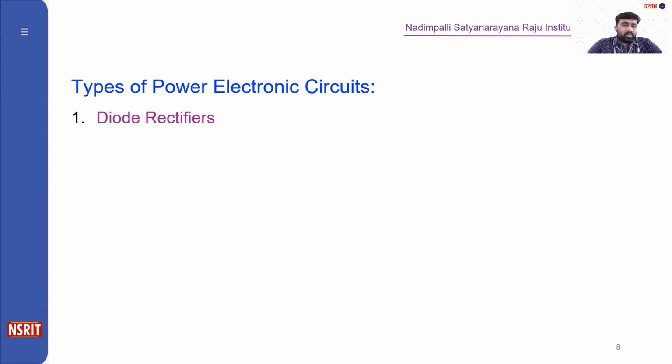First one is the diode rectifier. So what is a diode rectifier? You can draw the symbol of the diode here. If you see here, this is the anode, and this is the cathode.